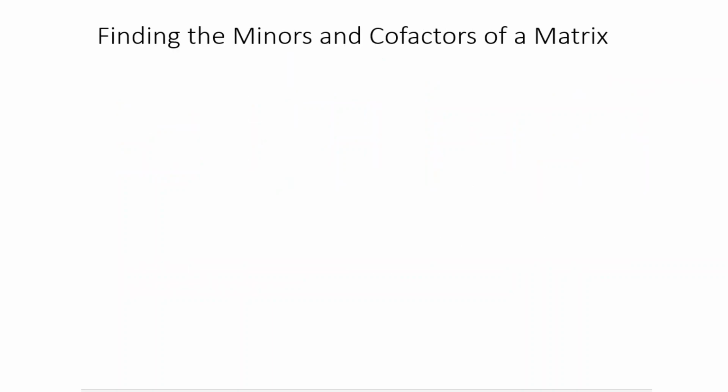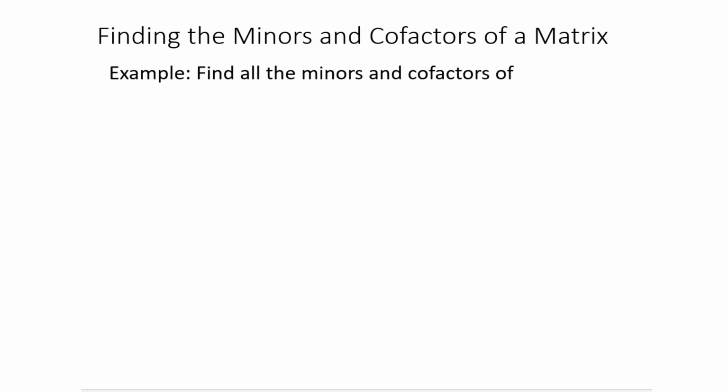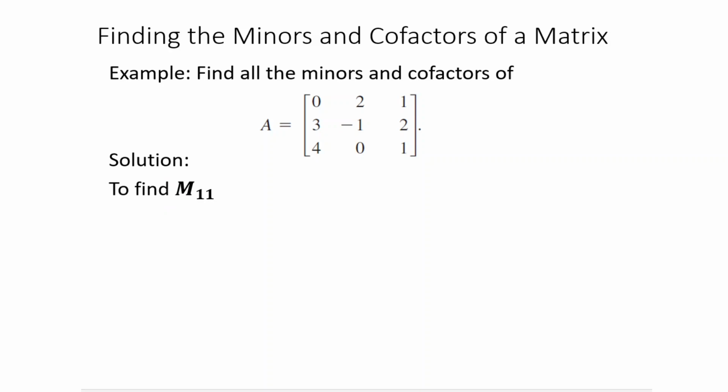Now let us have an example of finding the minors and cofactors of a given matrix. Given matrix A, find all the minors and cofactors. First, we find minor M sub 1,1. To do this, we need to find the determinant of the matrix after deleting row 1 and column 1 of the given matrix.